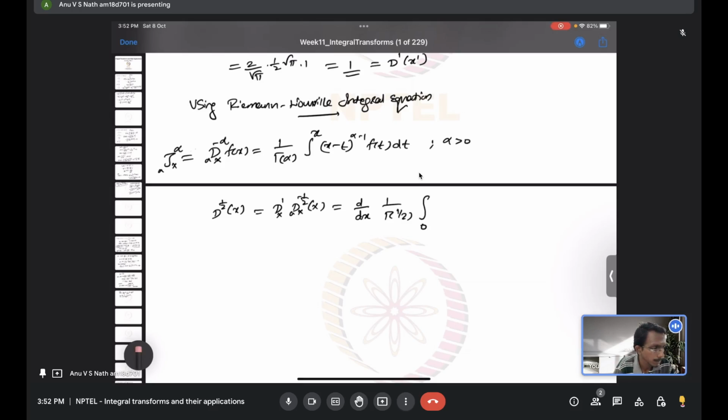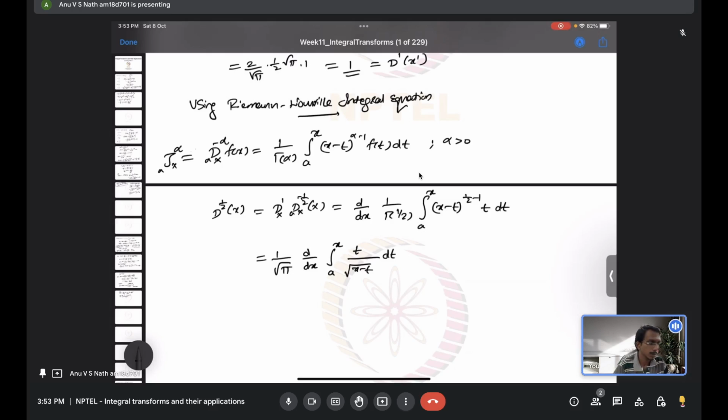Okay, so this is for a general case. So a to x, then (x minus t) the whole raised to half minus 1, the function is t, dt. So now we will take gamma of half, which is root pi, outside. Then d by dx integral a to x, t by square root of x minus t dt.